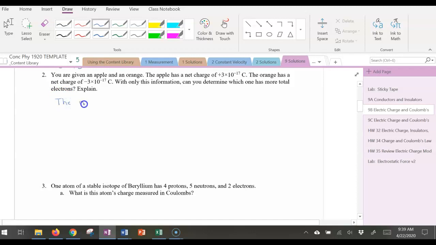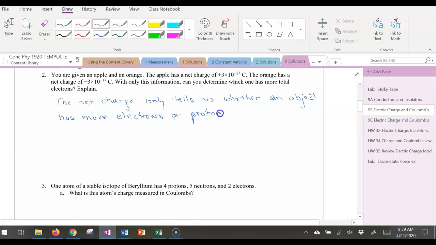The net charge only tells us whether an object has more electrons or protons, right?